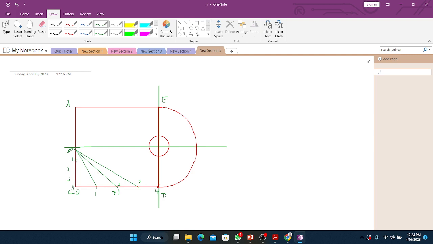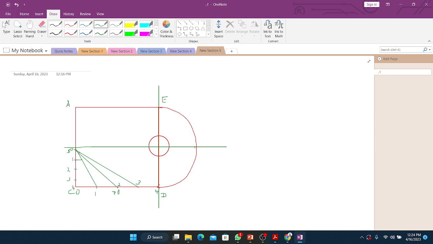Then here 1 to 1. This is the 0 to 1 line, the line going to 1. From 1 you want to draw a horizontal line through 1.